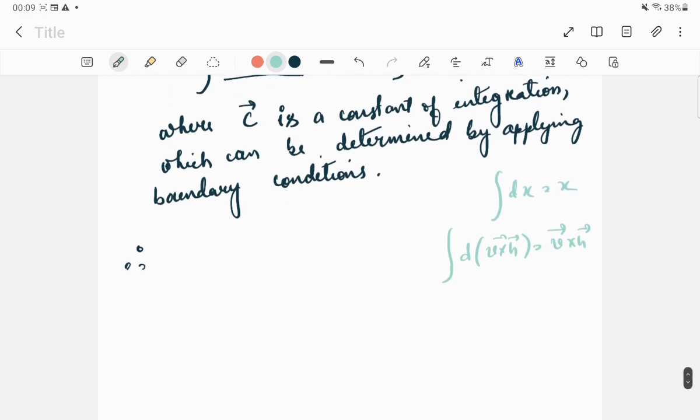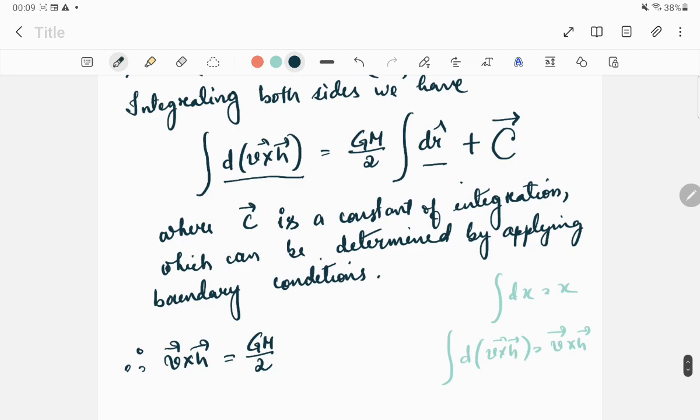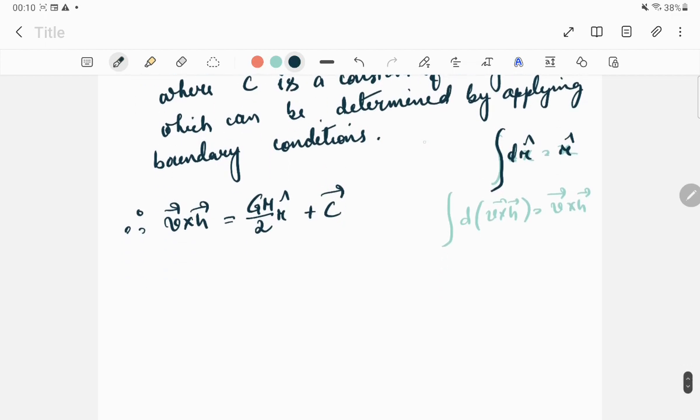So in place of this I have v cross h, then GM by 2, and integration of dx is x, so integration of r cap is r cap, so I have r cap plus c vector. Okay, this is rough work.